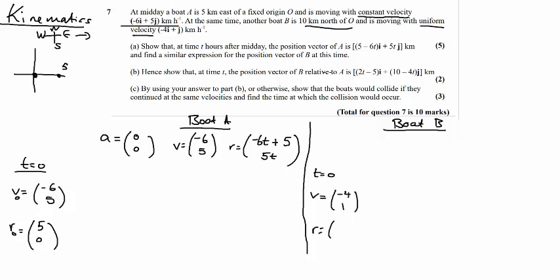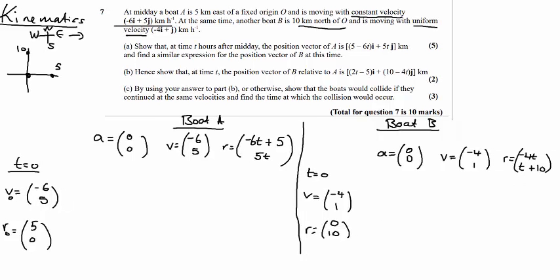And this time it's 10 kilometers north of O, so this is 0, 10. So we build the AVR: moving with uniform velocity, V equals minus 4, 1, and R equals minus 4t and t plus 10.